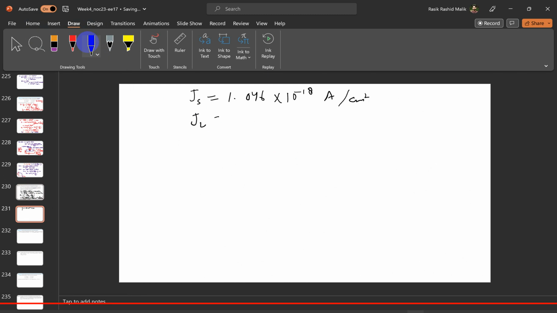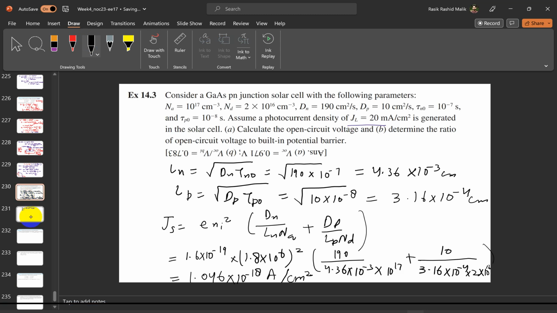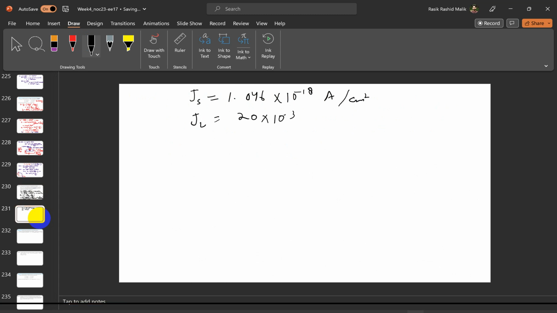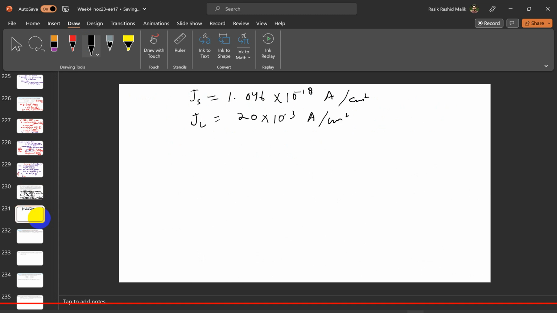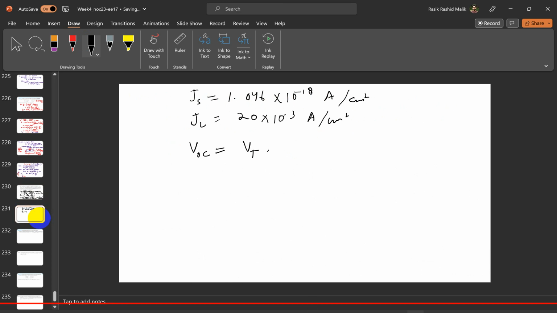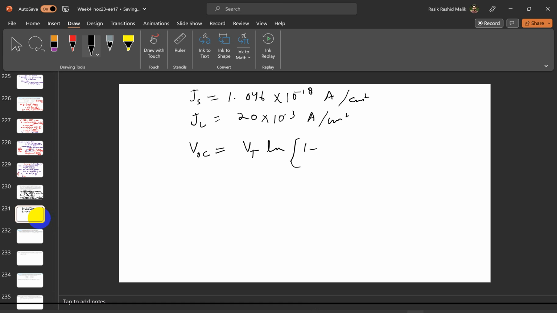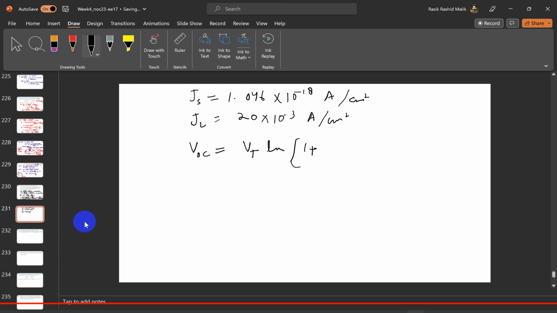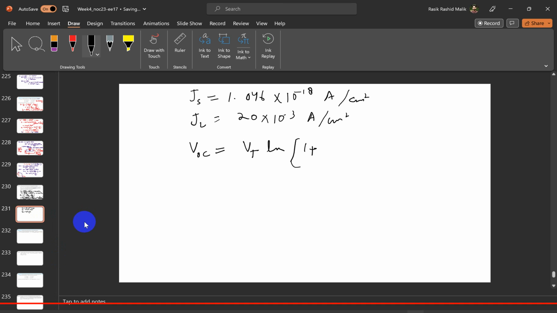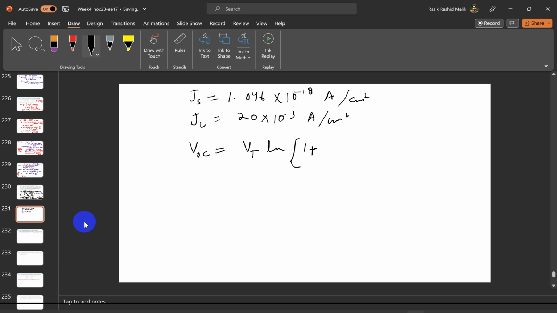And then we had JL already given in the question, 20 milliamps per centimeter square. So we can calculate the open circuit voltage, Vt ln of 1 plus JL by Js.